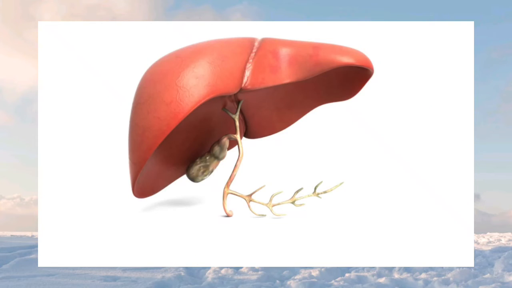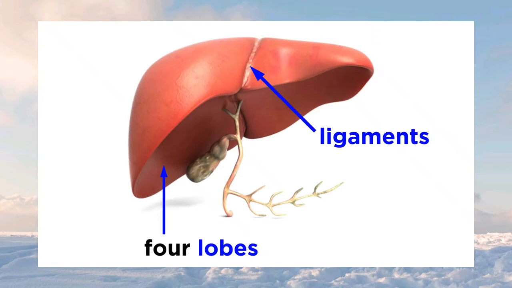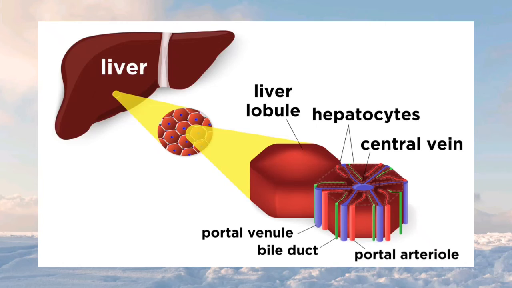Looking more closely at the liver, we see four primary lobes separated by ligaments. Zooming in more closely still, we see smaller units called liver lobules. These are hexagonal structures made of liver cells called hepatocytes, radiating outward from a central vein and with a portal triad at each corner.